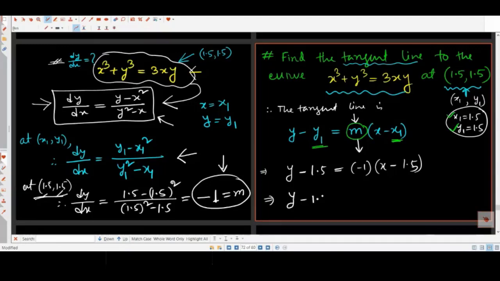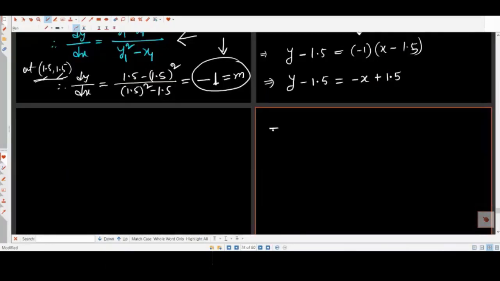So y minus 1.5 equals negative x plus 1.5. So y equals negative x plus 1.5, and we can transfer this negative 1.5 to the right side. Finally it becomes negative x plus 3.